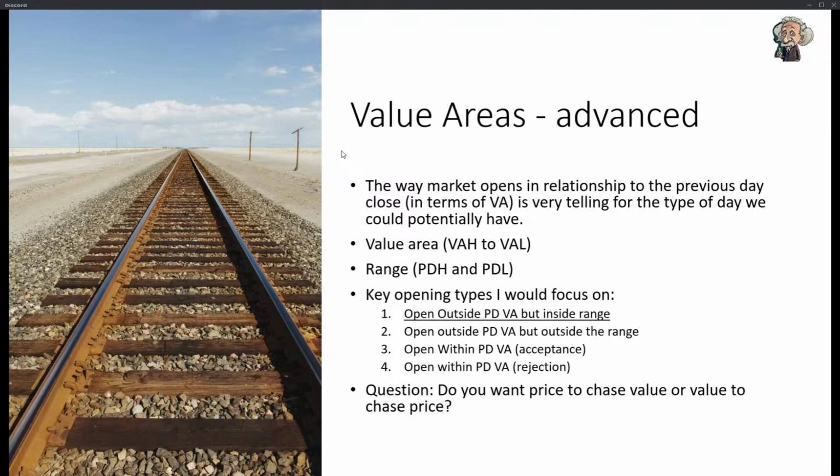And price can only do two things. What is that? Go up or down? Okay, anyone else? Accept it or reject it. That is correct. Price can only be accepted or rejected, right?